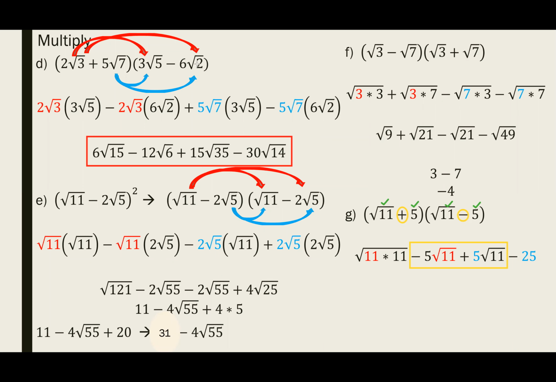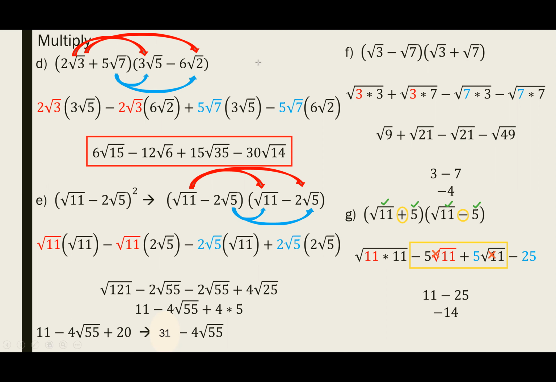This is the conjugate of each other. And what is the unique thing about the conjugate? The middle terms will disappear, right? They will cancel each other out. One positive, one negative, they cancel out. And this will give me 11 take away 25, to give me a negative 14.